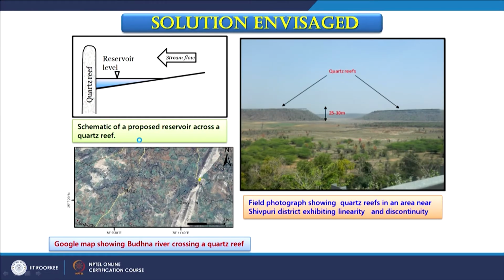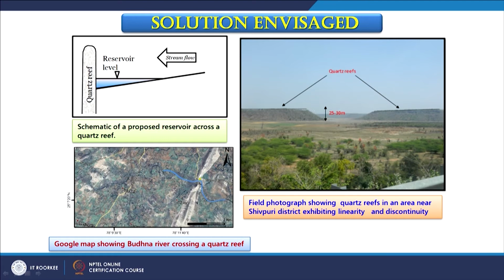If I see a field photograph of an area, this is the satellite image. So from a high resolution satellite image, even using Google Earth images, we can see that a stream is going through like this, and the quartz reef is running again in a northeast-southwest direction. This is the field photograph, and the height here is 25 to 30 meters.